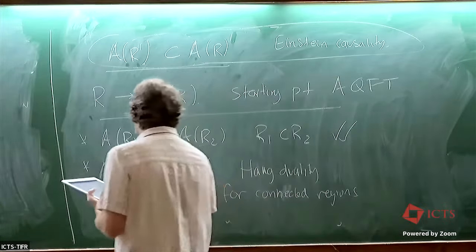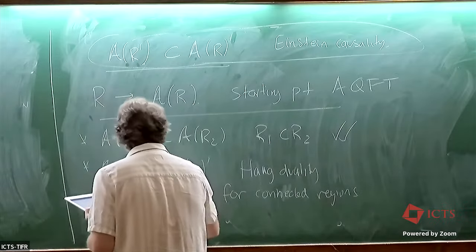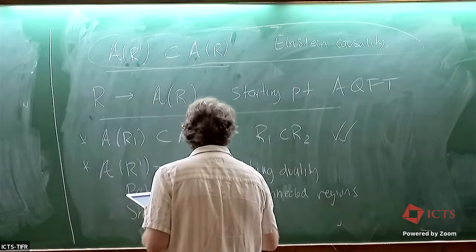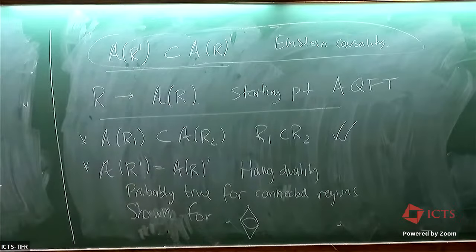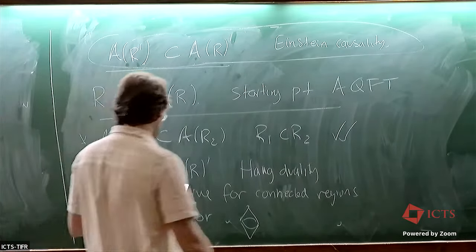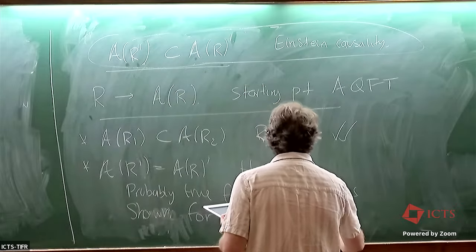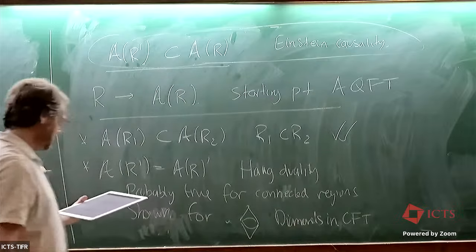And it's definitely been shown solidly using really reasonable things. It's actually proven for diamonds, special kinds of regions which are the intersection of the past and future of a point, in a CFT. And so these are connected, so that's fine.